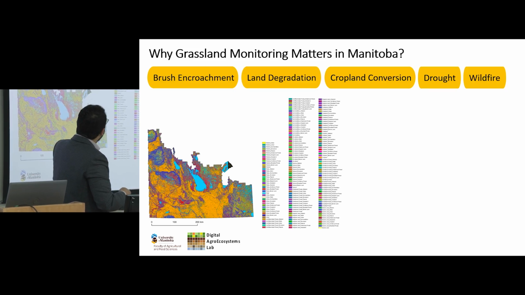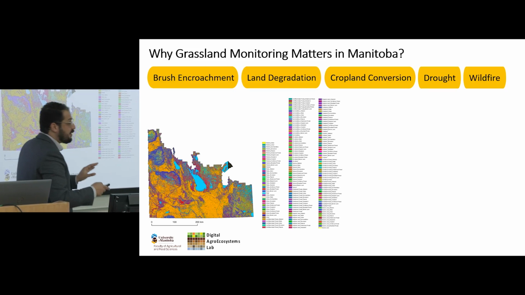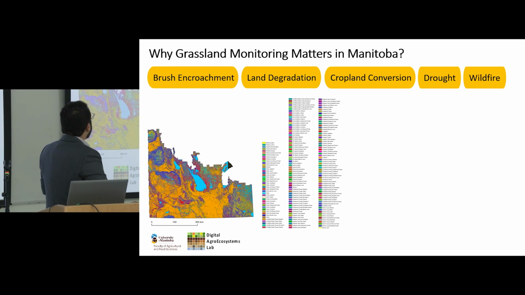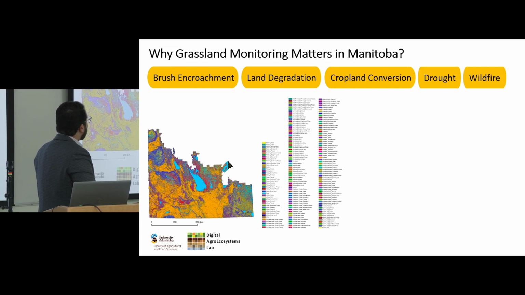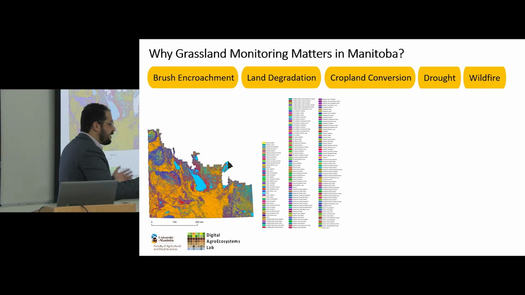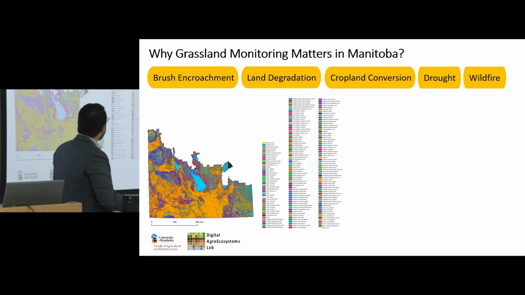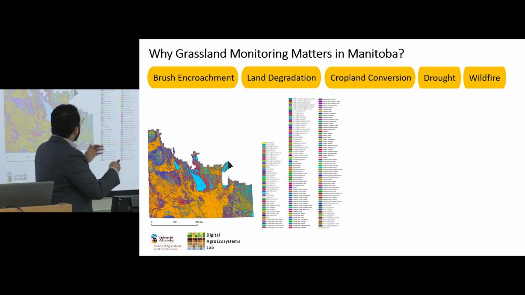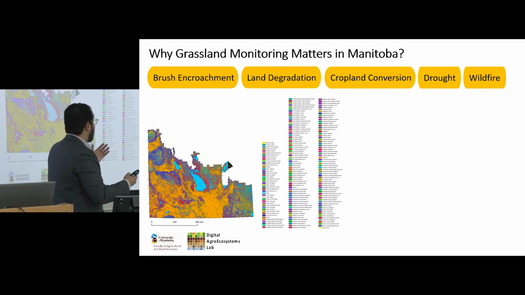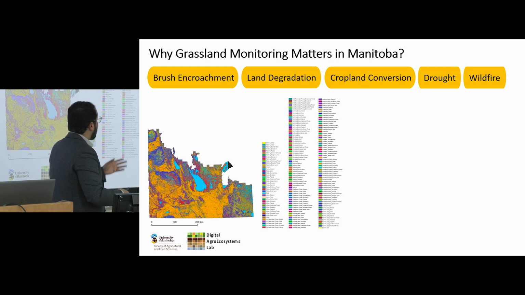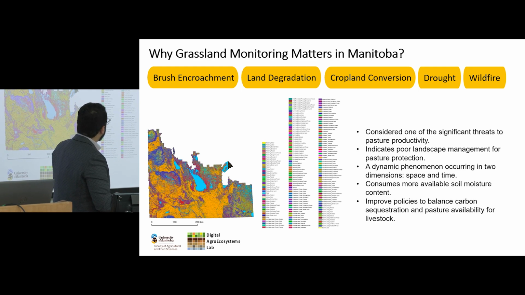We identified 5 major disturbances as things that harm resiliency: brush encroachment, the shrubland movement toward the grasslands or native landscapes; land degradation, including salinity, erosion, etc.; depletion of soil organic carbon; cropland conversion, another human or man-made activity; and drought and wildfire also being part of those.